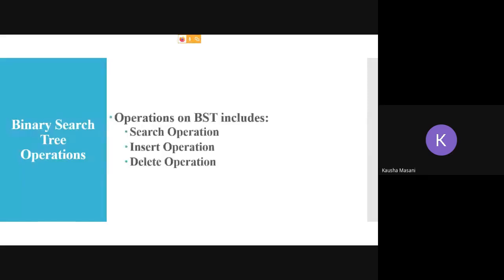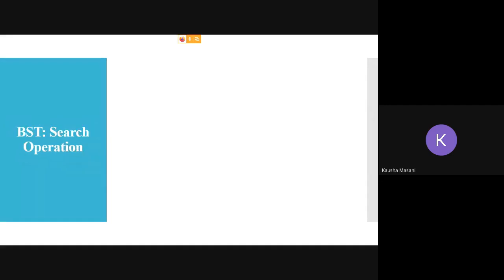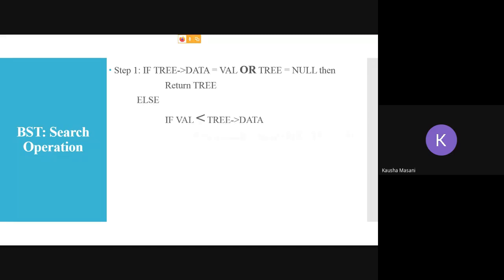We saw the operations, search and insert, along with the algorithms. The search operation algorithm is already discussed, so I'm not going to discuss it again. It is a recursive function call where you search for a given data value by comparing it with the node data.